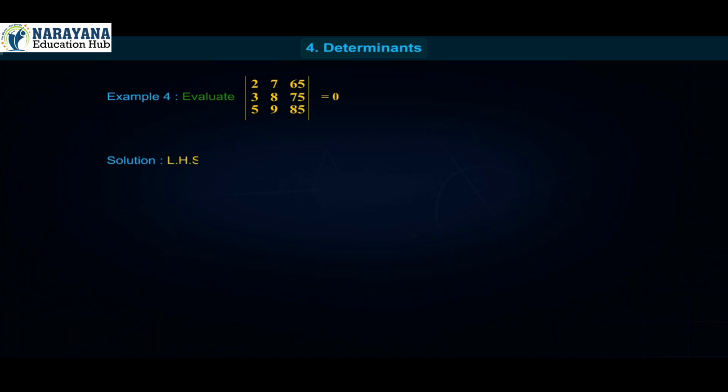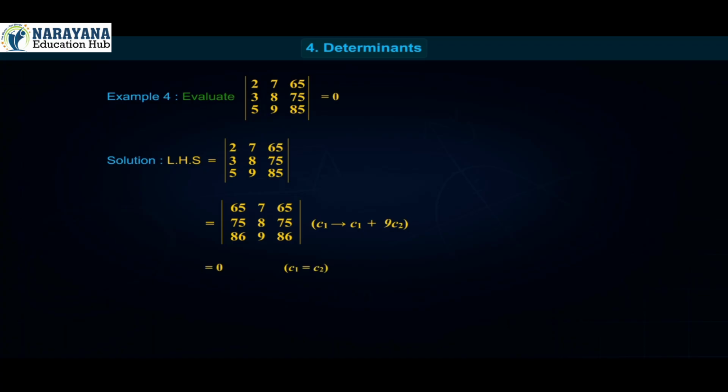Solution: left hand side is equal to determinant 2, 7, 65, 3, 8, 75, 5, 9, 85, which is equal to determinant 65, 7, 65, 75, 8, 75, 86, 9, 86, because C1 goes to C1 plus 9C2. Here C1 is equal to C3, so it is equal to 0, the right hand side.